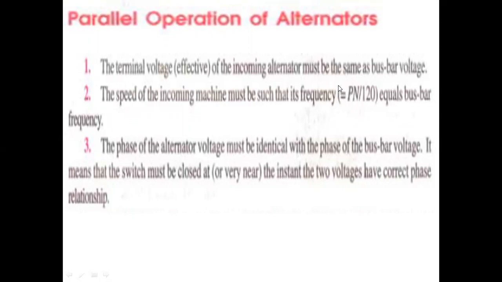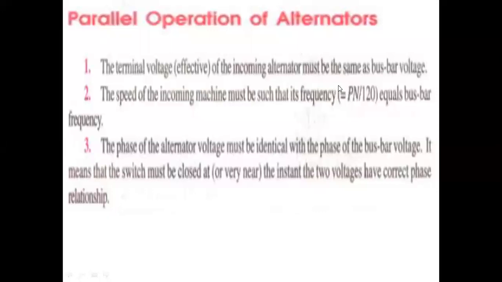The first condition is indicated by the voltmeter, so we can confirm that both the bus bar and alternator are at the same voltage. Conditions 2 and 3 are indicated by synchronizing lamps or a synchronoscope.